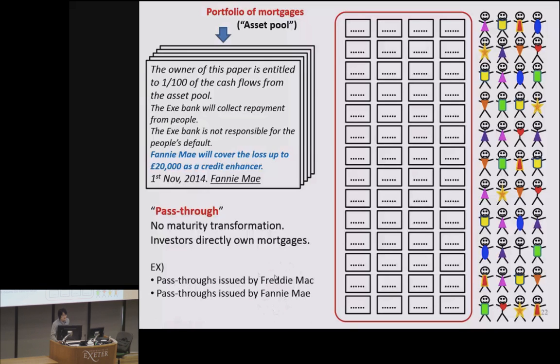Now, by doing that, with this kind of assets available, investors are now more willing to invest in mortgages. No investors want to invest directly in James' mortgage, but this is more attractive.